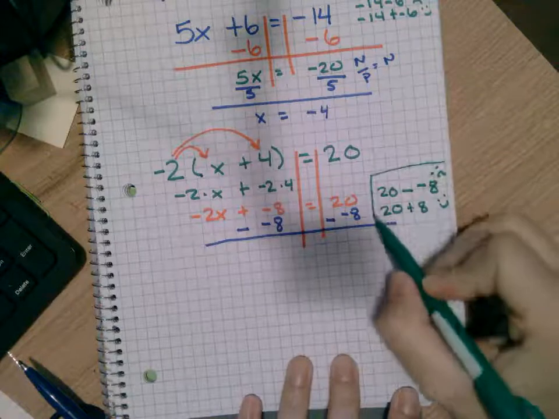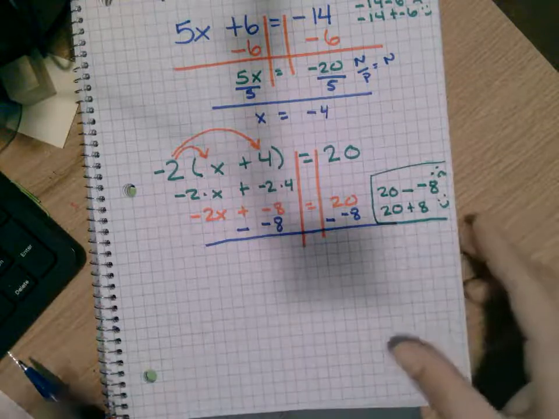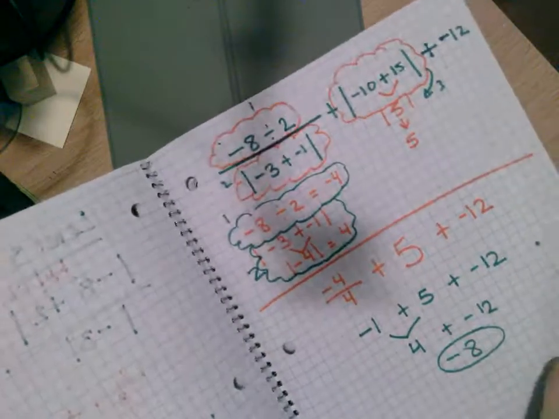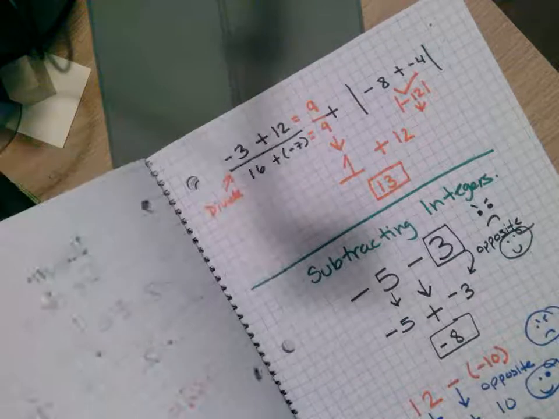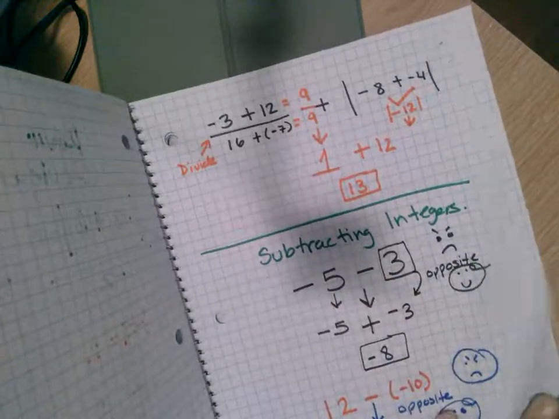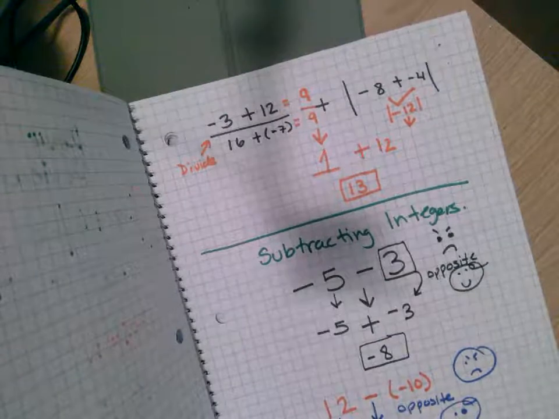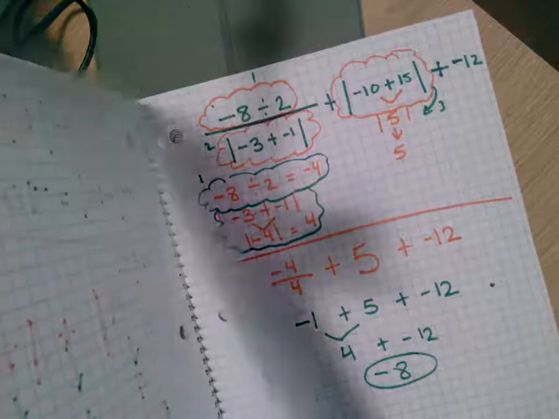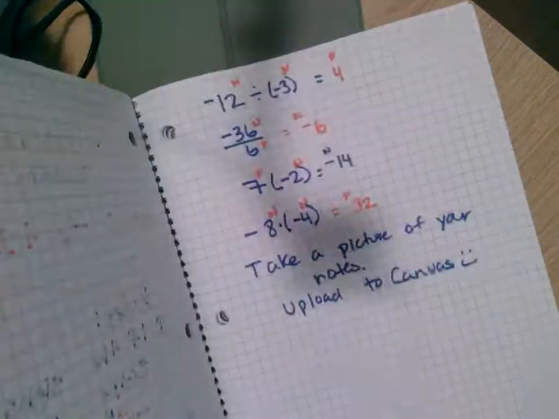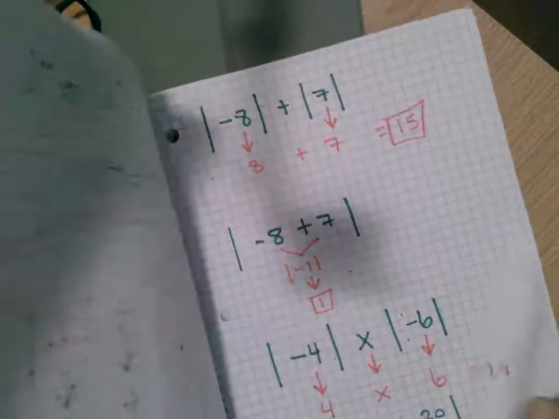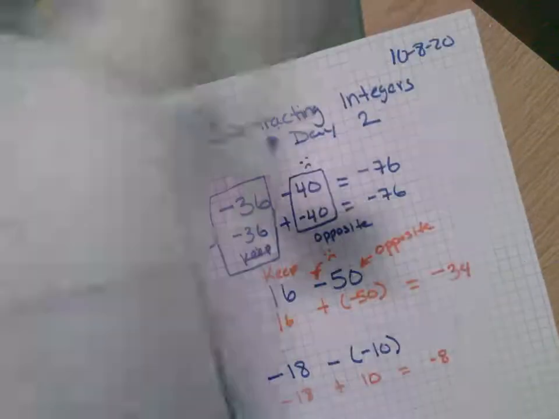This right here, guys, is what we learned. Here, subtracting integers. You see, the same, opposite, opposite. Add the opposite. Rules for subtracting. So when was this? Did I not write the date?